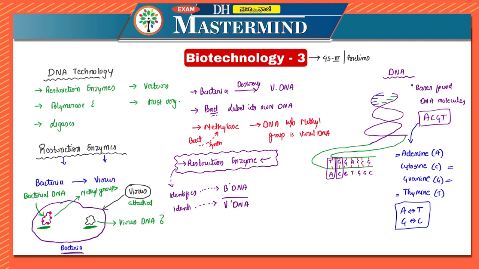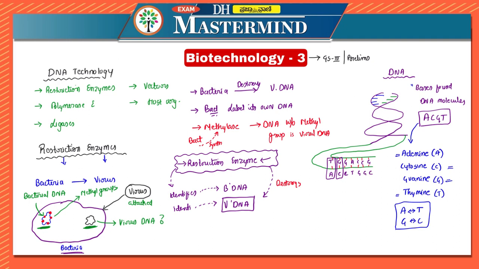So it knows that viral DNA does not belong over here, and hence this restriction enzyme destroys this viral DNA, and this is how the bacteria protects itself from the viruses. So the restriction enzyme restricts the growth of viruses.